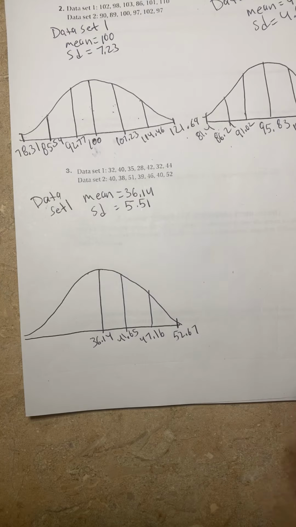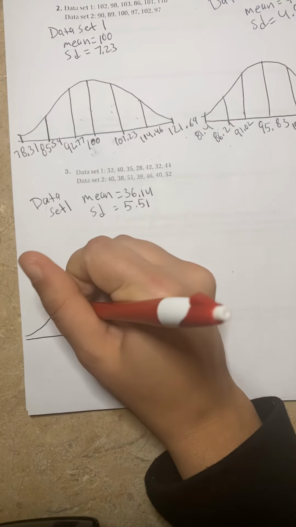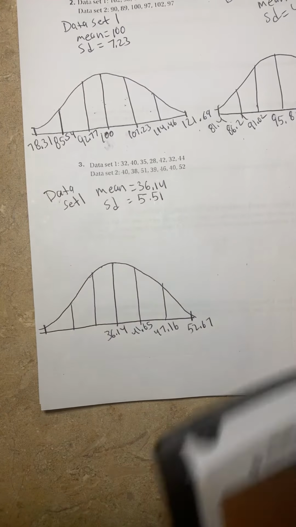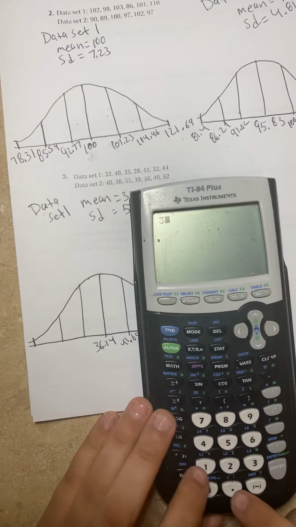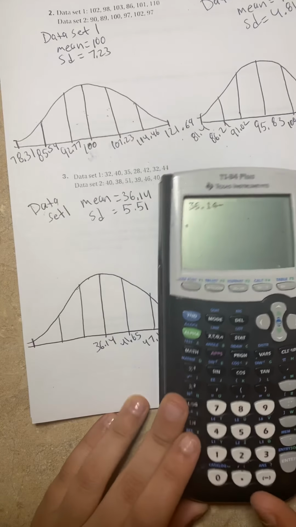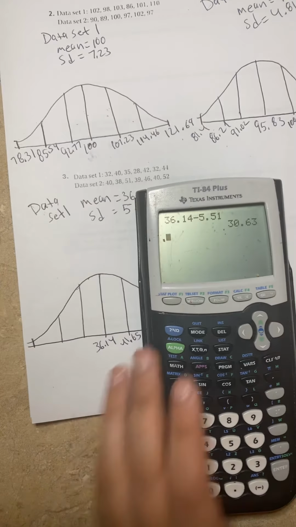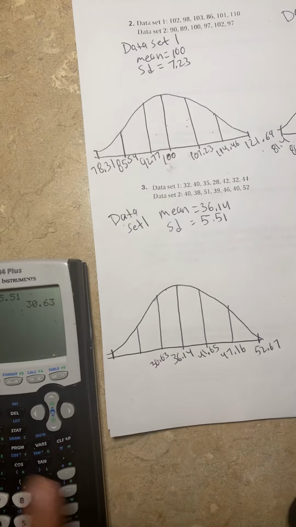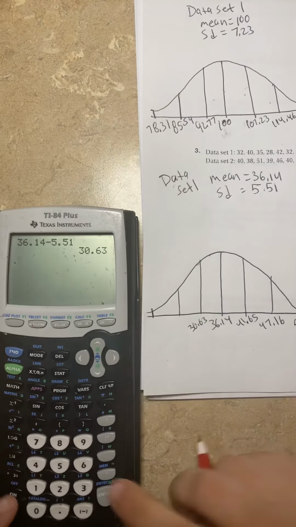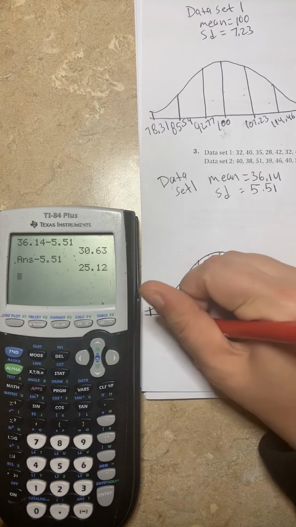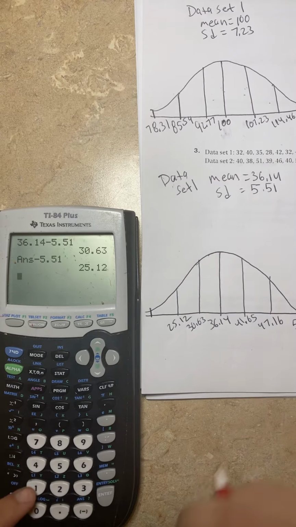All right, and then for the next side, again, we're going to subtract 1, 2, 3 times. So we're going to do 36.14 minus 5.51, which gives me 30.63, minus 5.51 gives me 25.12.